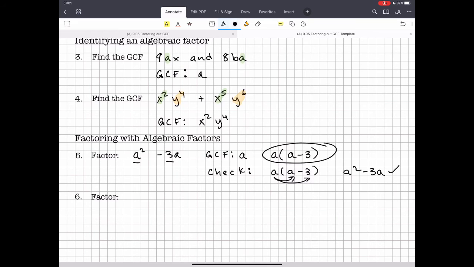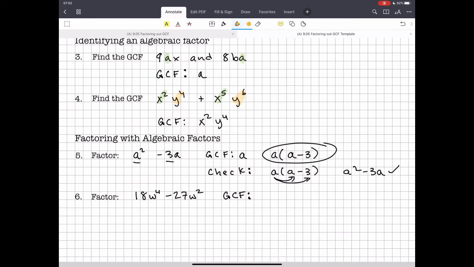The last problem in this video is 18w to the fourth minus 27w squared. So we're looking for the GCF of this. What did both terms have in common?